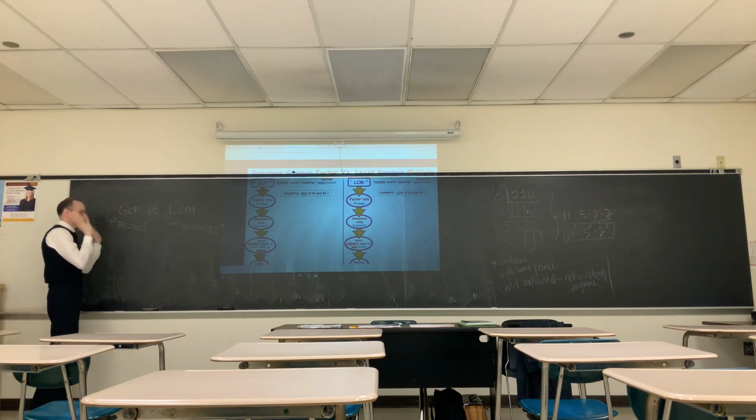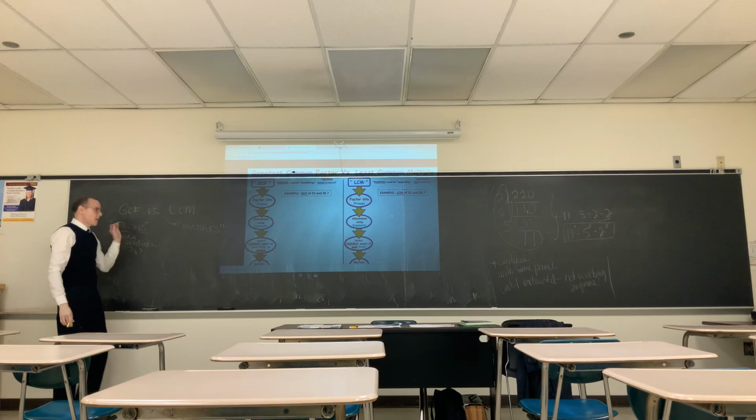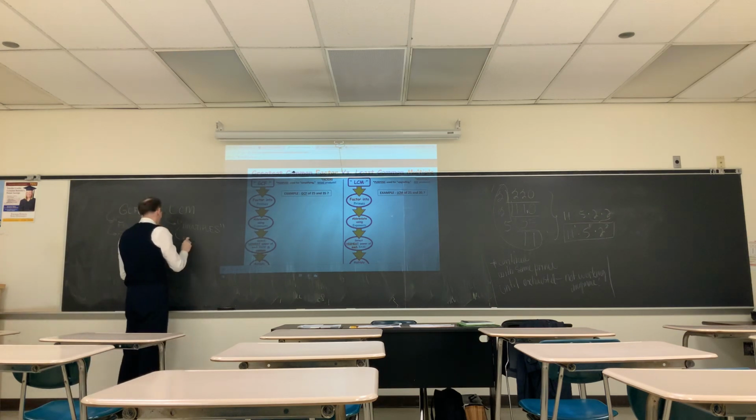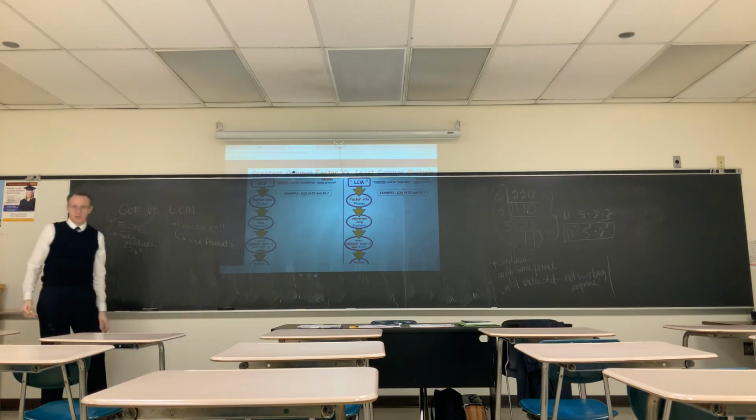For right now, the generalization about these: factors make products. The things that you multiply together, something times something, these things are factors. Multiples, on the other hand, are products. They're the result of multiplication.